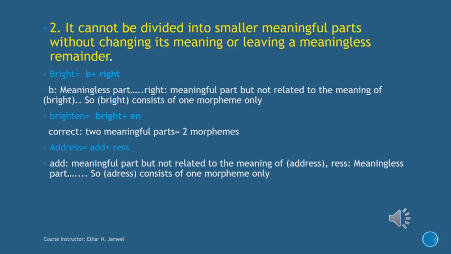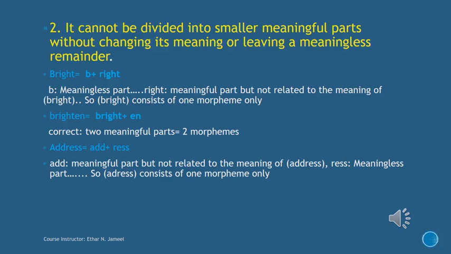So we have a difference in meaning, a violation in meaning. The meanings are not related to each other, which means that dividing the word bright into two parts is a mistake.